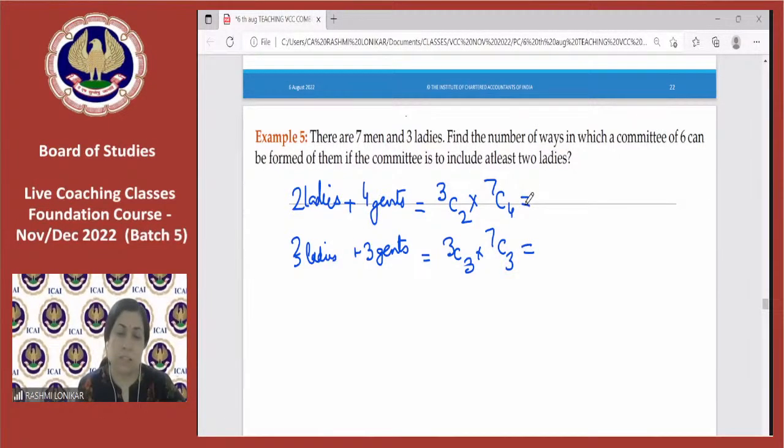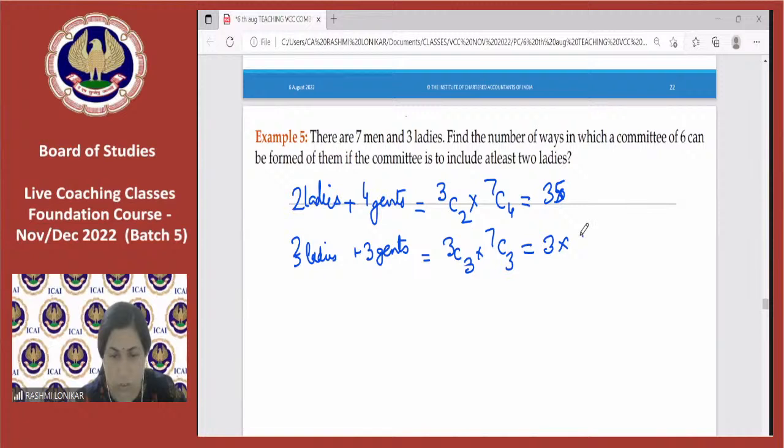Now, how much is 3C2? 3. And how much is 7C4? 7C4 will be 7 factorial divided by 4 factorial, that is 24, divided by 3 factorial, that is 6. So, answer is 35. 3C3 is 1 into 7C3 is, just now I found out 7C4 is equal to 35.